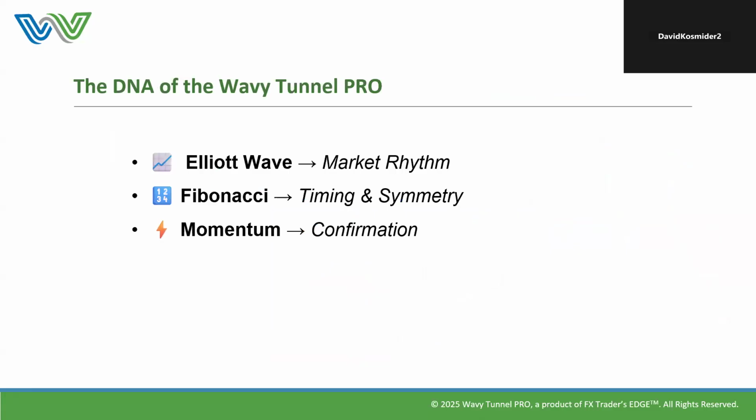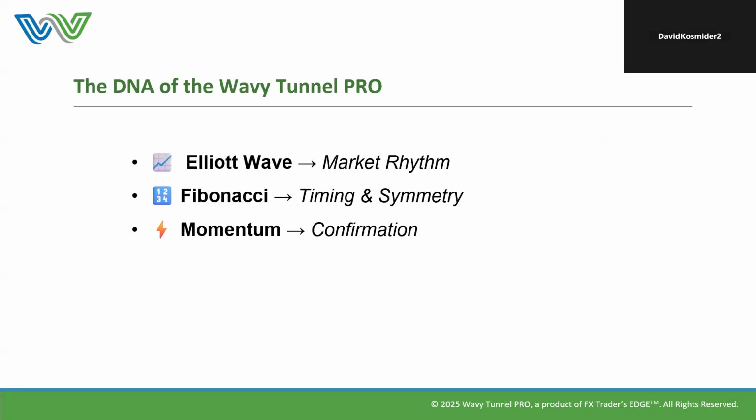Before we look at the setups themselves, here's the DNA of the Wavy Tunnel Pro. Elliott wave gives us the rhythm of the market, the impulse and corrective phases you just saw. Fibonacci symmetry allows us to measure timing and price levels, with retracements, extensions, expansions, and projections, identifying where markets are most likely to turn.